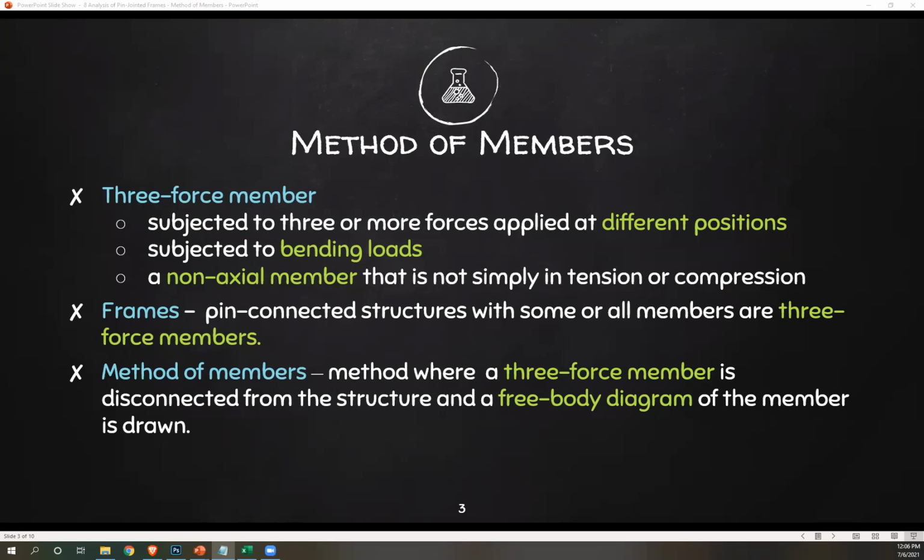Because of this, we now have bending loads present, forces that are not along the axis of your member. Hence, three-force members are not axial, they are non-axial members. So in contrast to our previous lecture, where the forces involved were either in tension or compression, for three-force members, it's a different kind of analysis.